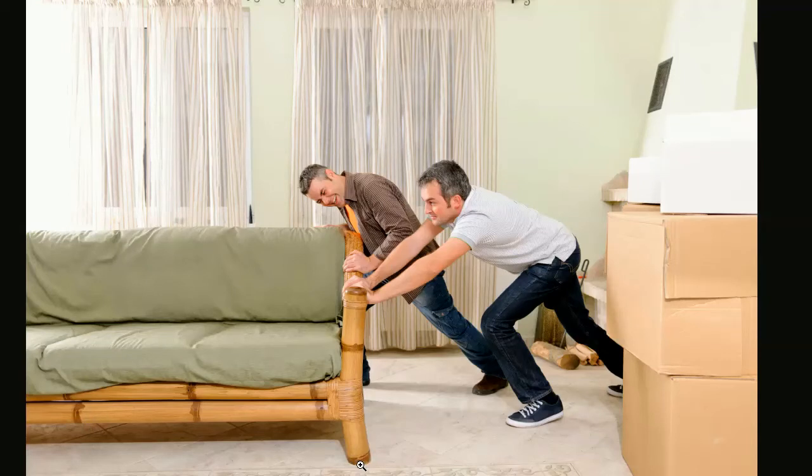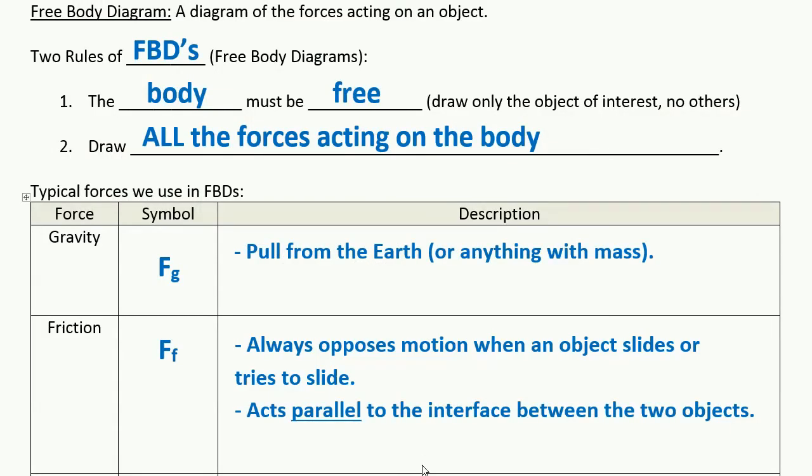What friction couldn't do is push the couch up, as up would not be parallel to that paint mark on the floor, that contact area. So friction always opposes motion when an object slides or tries to slide, and it acts parallel to the interface between the two objects.